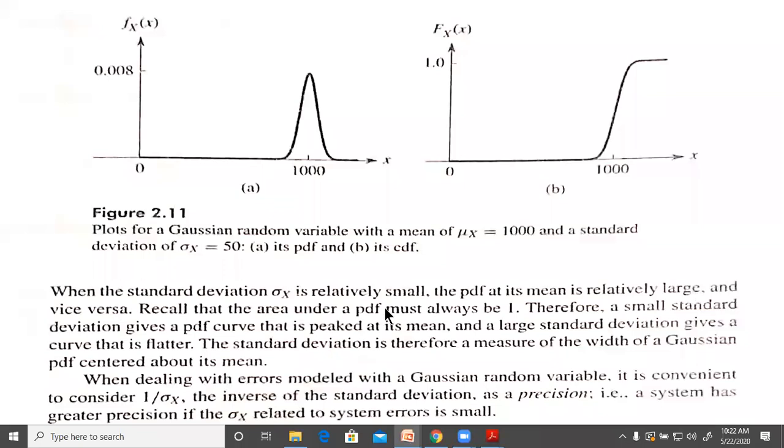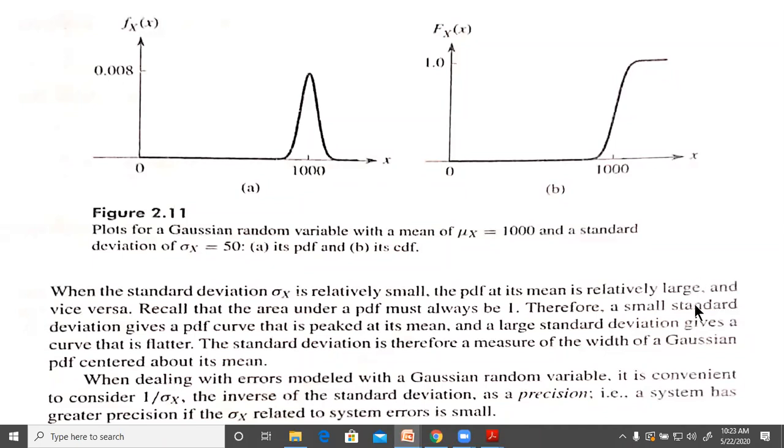And recall that the area under the PDF must always be 1, because it corresponds to the total probability. Therefore, a small standard deviation gives a PDF curve that is peaked at its mean, and a large standard deviation gives a curve that is flatter.